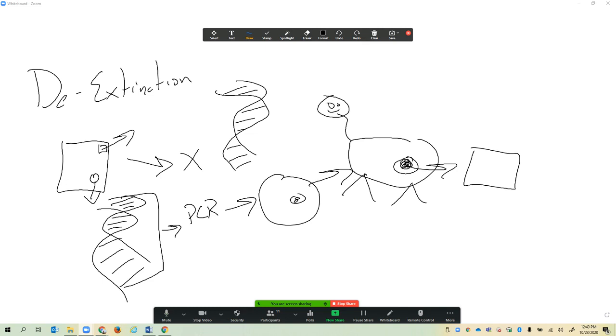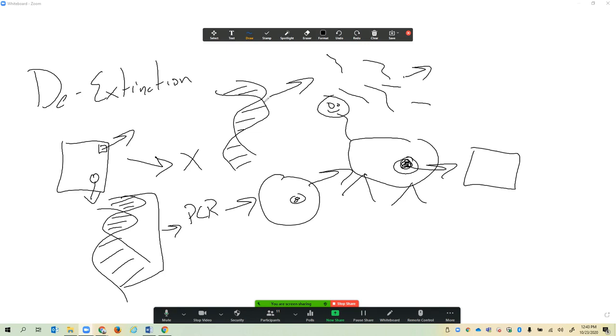The idea of Jurassic Park and the mosquito trapped in amber is science fiction, but in theory it could be found. But the DNA for these ancient organisms is broken into fragments, so it's really not able to be combined back together.